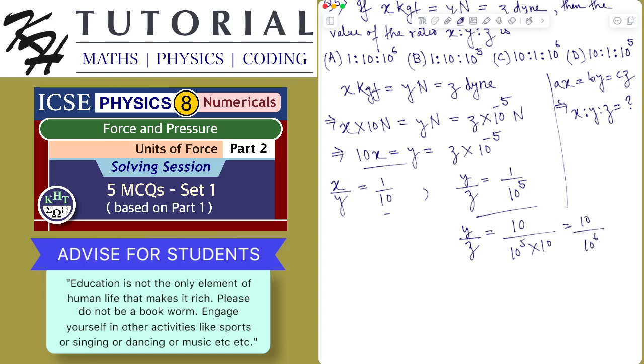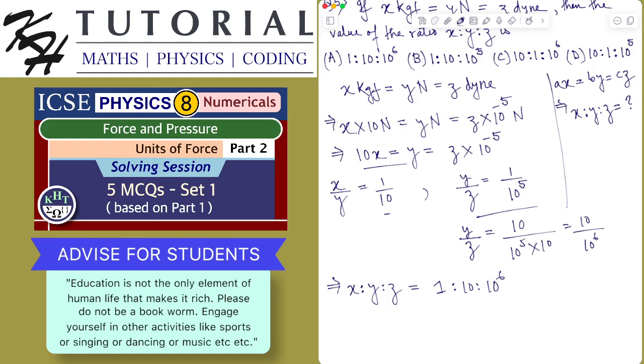So now I have x by y is equal to 1 by 10 and y by z is equal to 10 by 10 to the power 6, and I can right away say that x is to y is to z will be equal to 1 is to 10 is to 10 to the power 6.